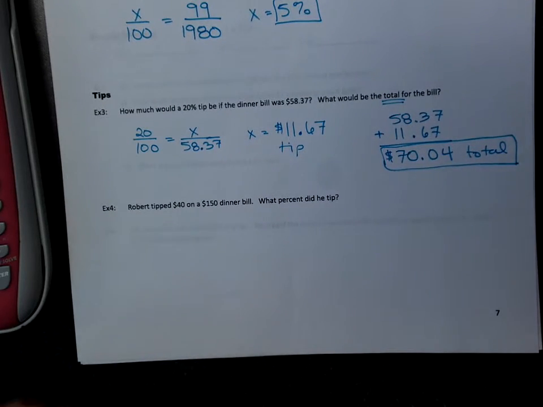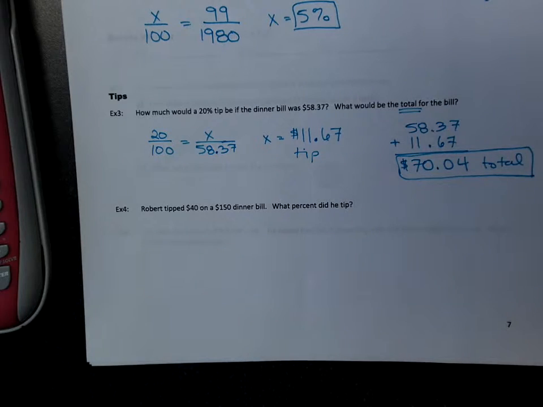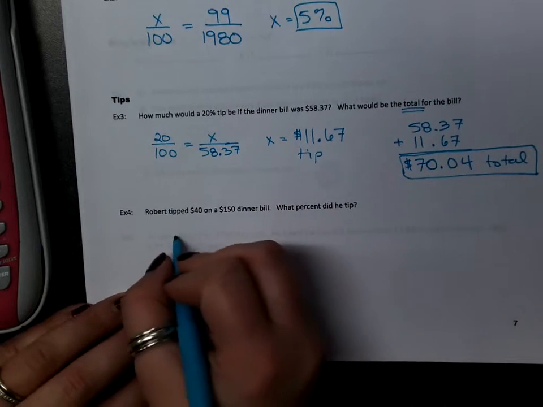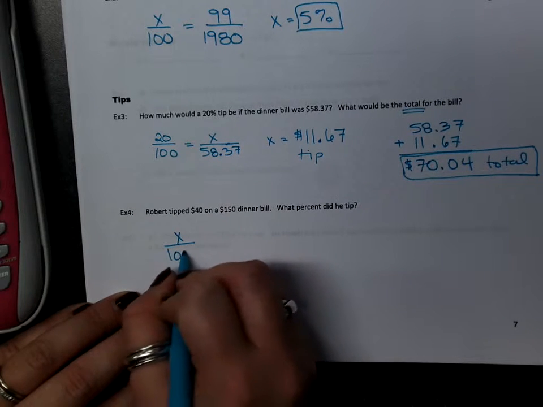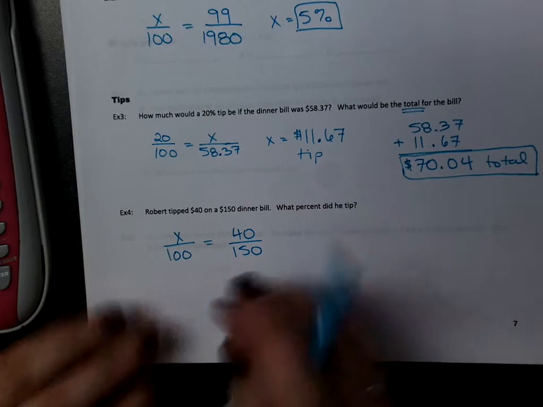Let's look at example 4. You can try it on your own if you like. Robert tipped $40 on a $150 dinner bill. What percent did he tip? So X over 100 equals 40 over 150.